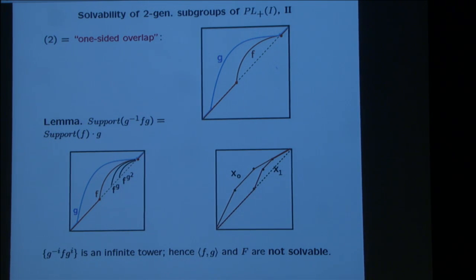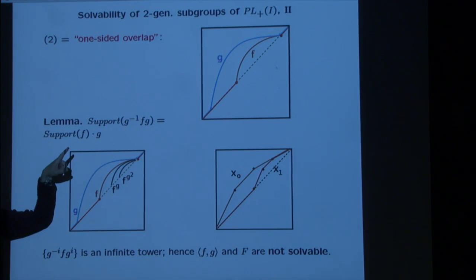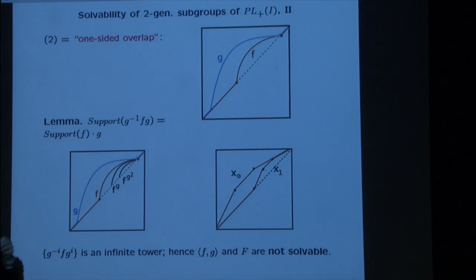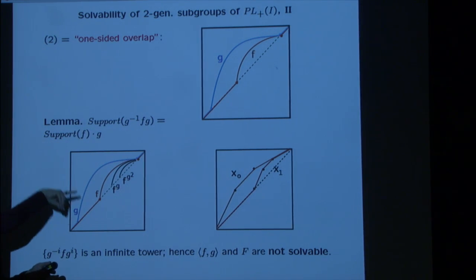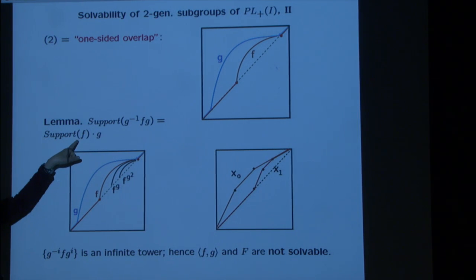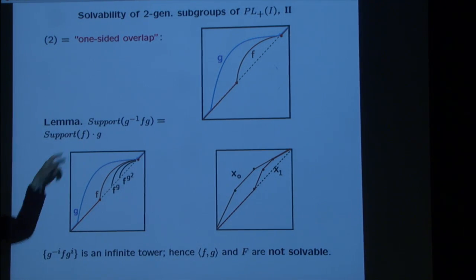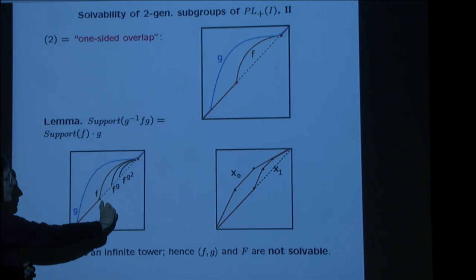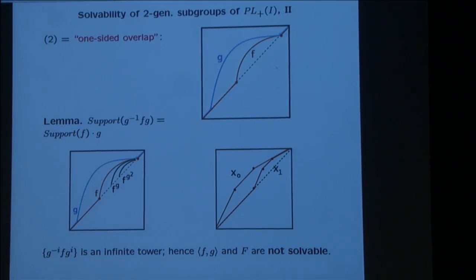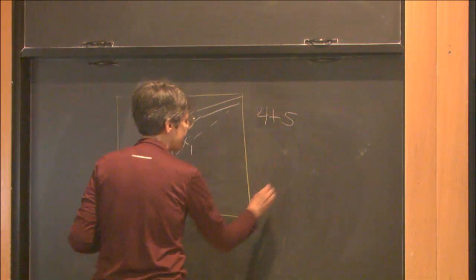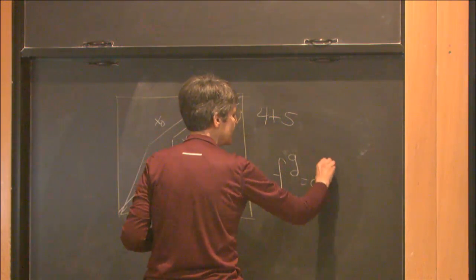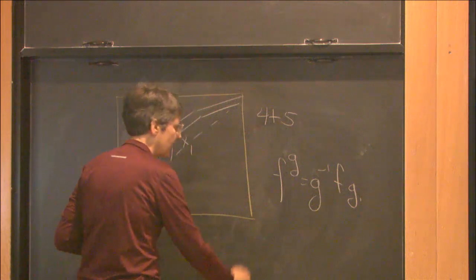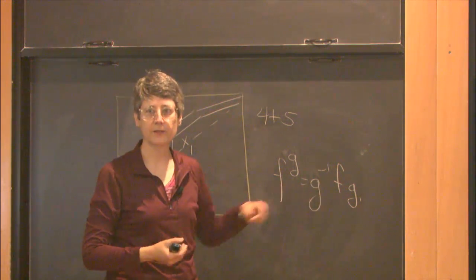Well, there's a lemma that you can prove about homeomorphisms that says if I take a look at G inverse FG, the support, the places where this function is away from the diagonal, is just the same as the support of F acted on by G. So using notation here, F to the G means G inverse FG, and so F to the G squared is G to the minus 2 FG squared, and so on.